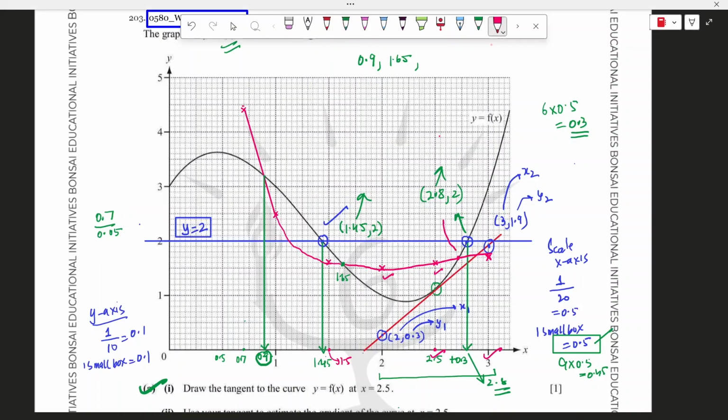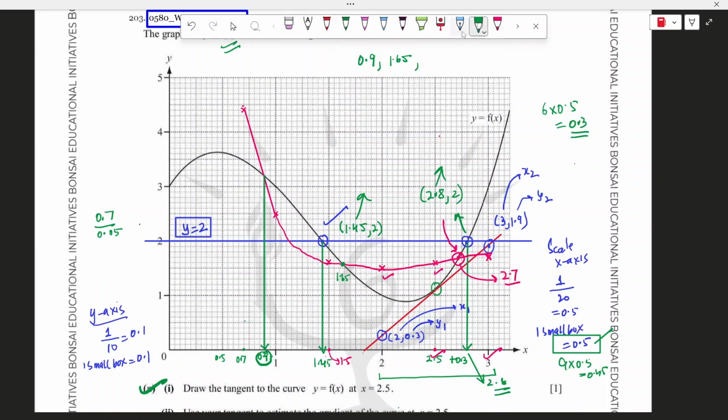This here is the third intersection. And what are the coordinates? Let us count the boxes here. This is here exactly. So this is 2.5, 2.6, 2.7, and approximately it is 2.7. Okay, so the x coordinate on this point is approximately 2.7.